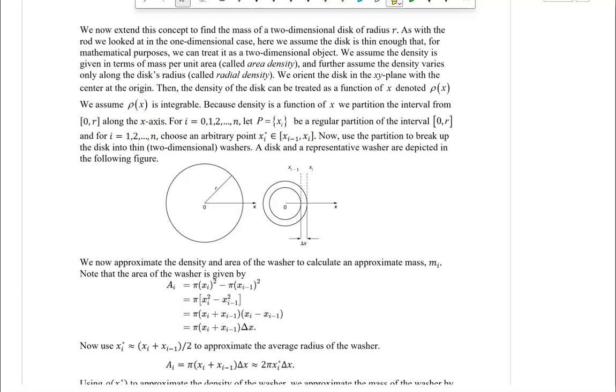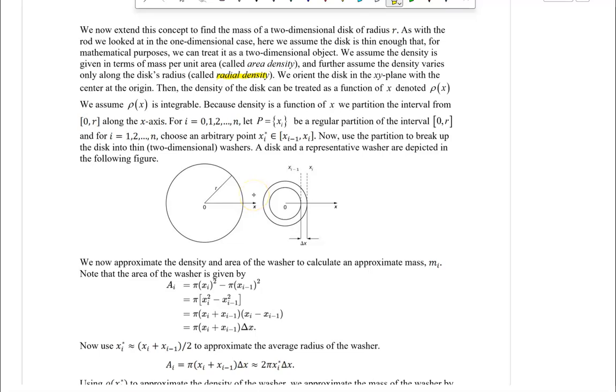Namely, we're going to be dealing with a radial density. Basically, we assume that the density varies with respect to the disk's radius, meaning it might be less dense at the center and the density increases as we move away from the center along a radius.